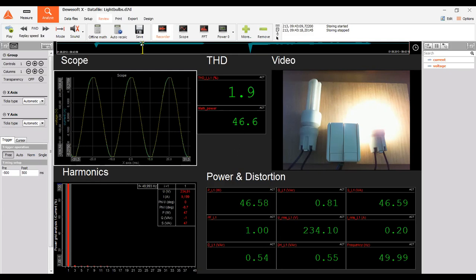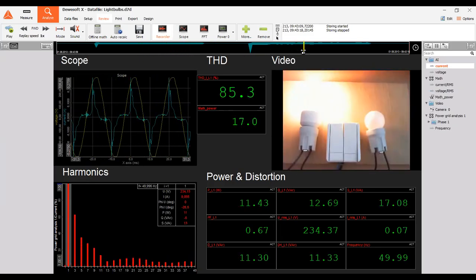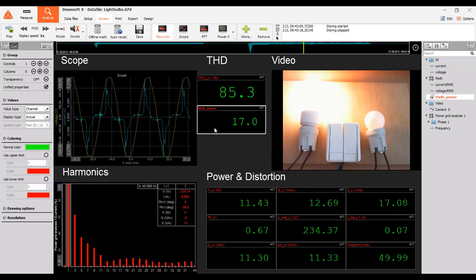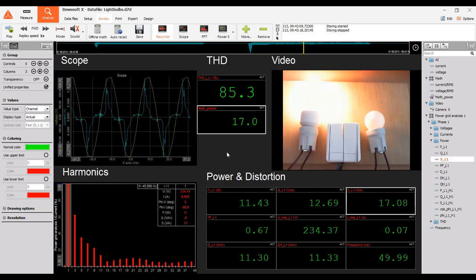But if we switch on the energy-saving bulb, what will actually happen? We see a non-sinusoidal wave on the current side now. We see that the math power is different from the active power. The math power will give us the apparent power. And we see also that the results are different.